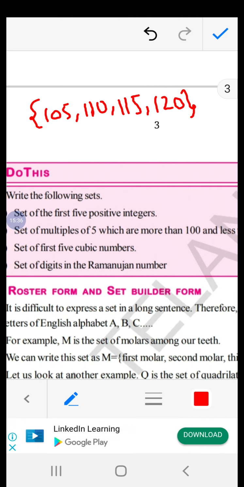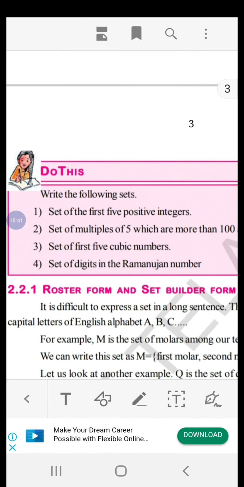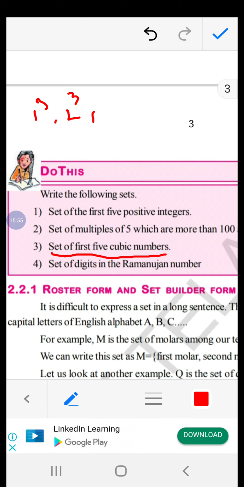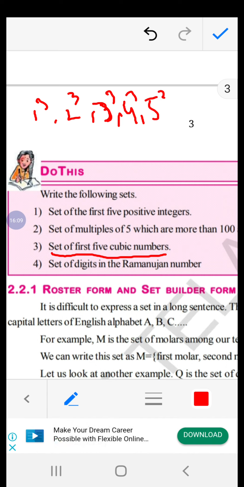Now we come to the next question. Set of first 5 cube numbers. What are the first 5 cube numbers? 1 cube, second one 2 cube, third one 3 cube, fourth one 4 cube, fifth one 5 cube.